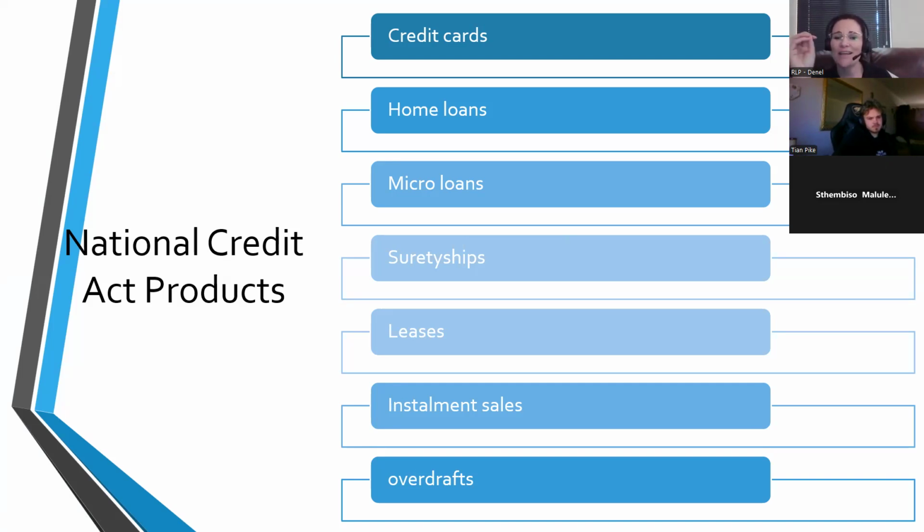So in the exam, when they ask you what is another term for surety ship, Tian, would you like to go and give it a try? Credit guarantees. Perfect. Credit guarantee and surety ship, it's the exact same thing. It's easy, it's 1 point, so don't forget it, okay? And then also leases, installment sales, and overdrafts.